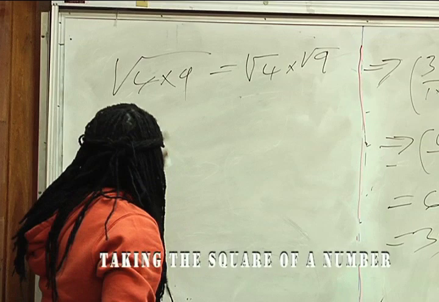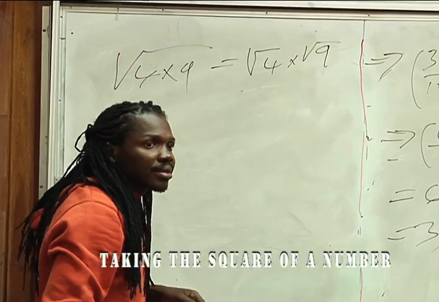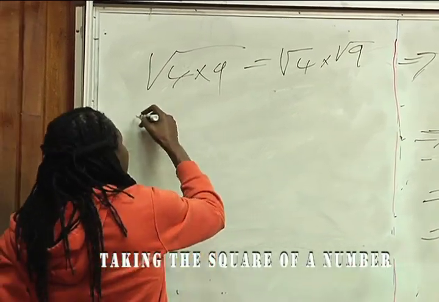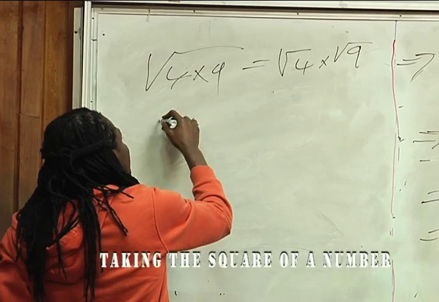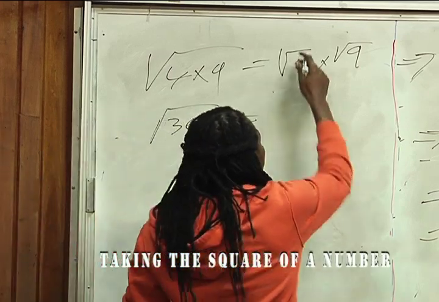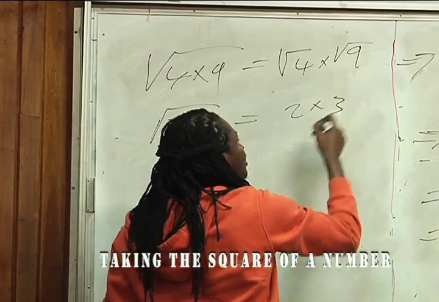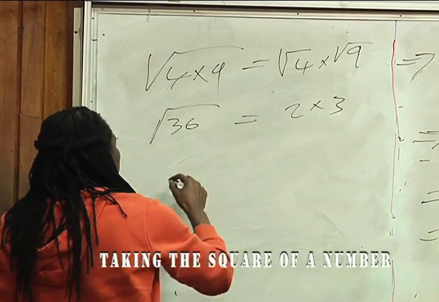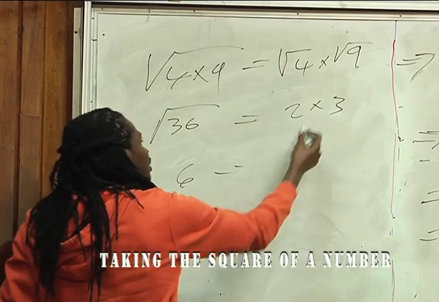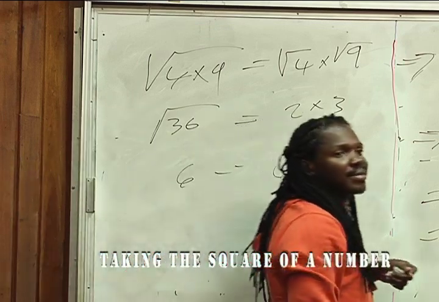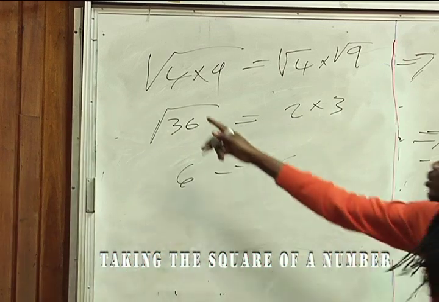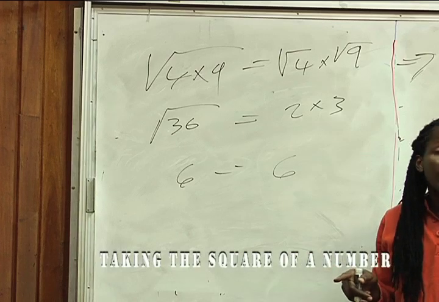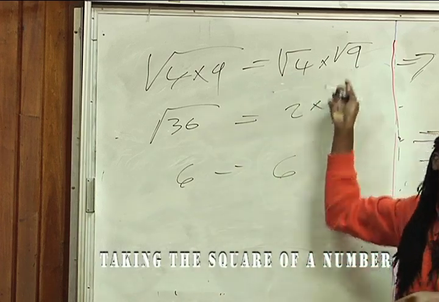Check it: 4 times 9, the square root of 36 is supposed to equal 2 times 3. You see that? The square root of 36 equals 6.